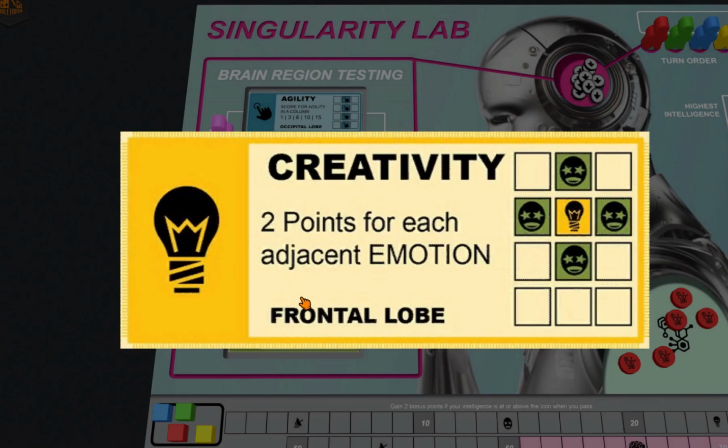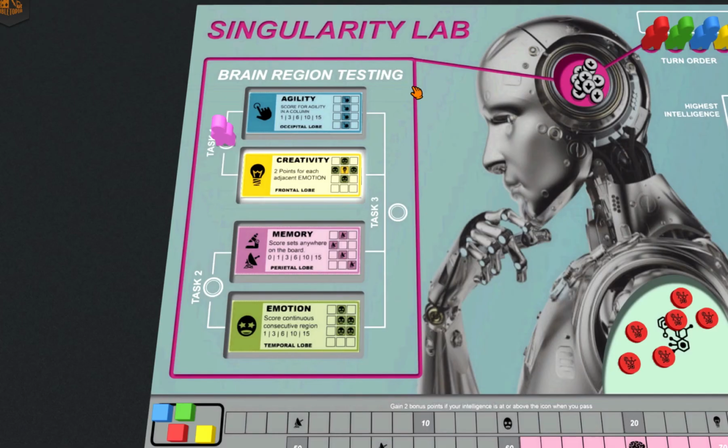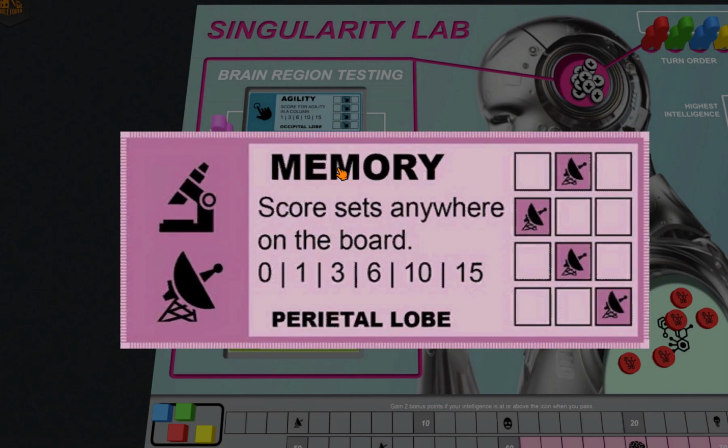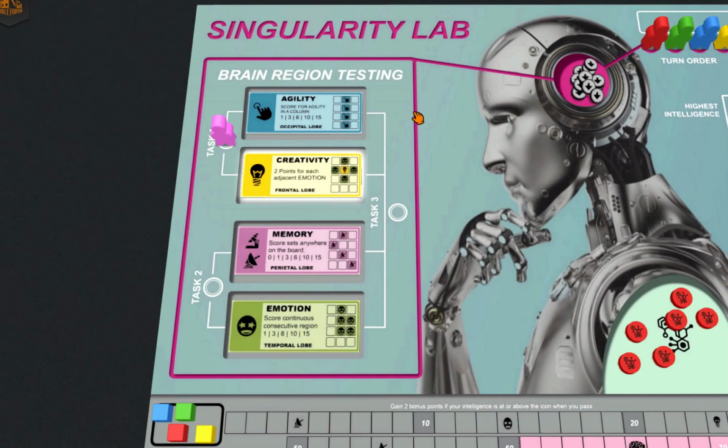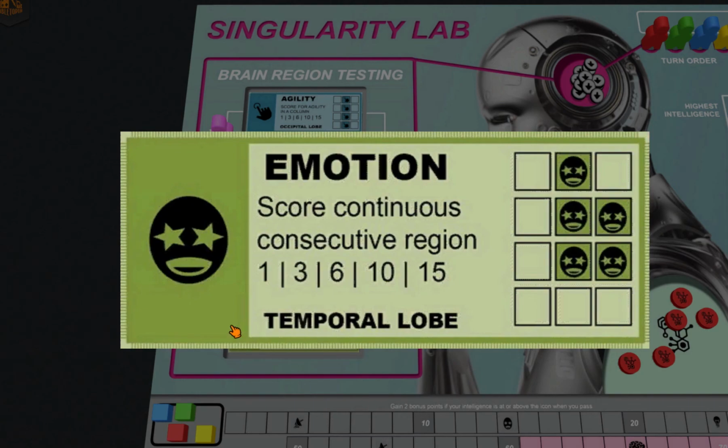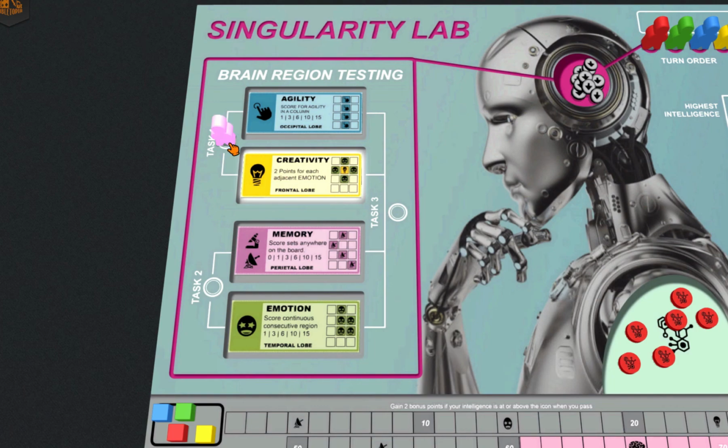Creativity requires players to have their creativity icon next to an adjacent emotion tile. Memory requires players to collect one of these 2 icons, and they can be anywhere spread out on their board. And finally, emotions in the temporal lobe require players to have a continuous region in order to score points.